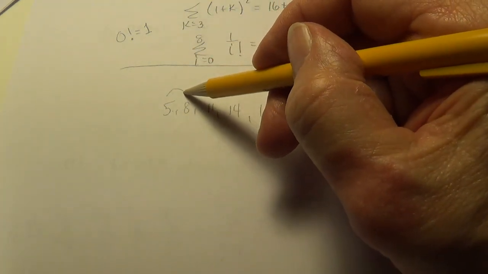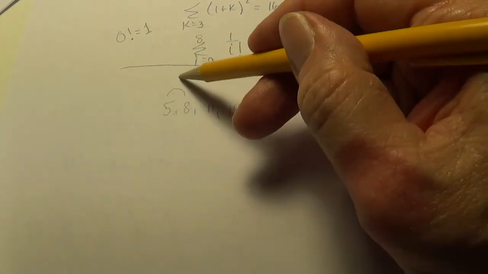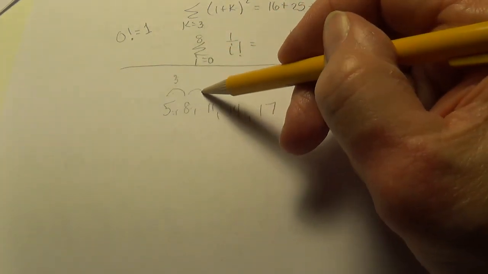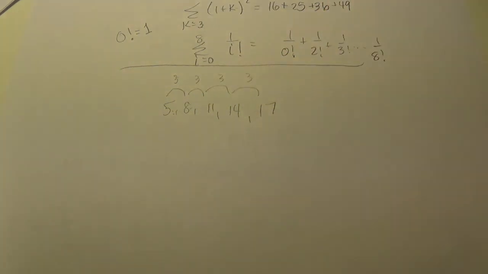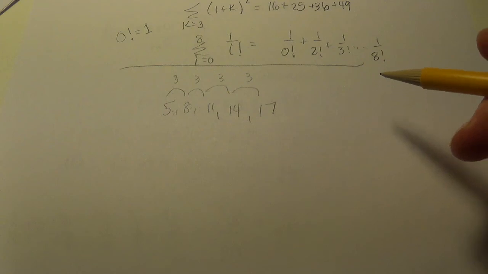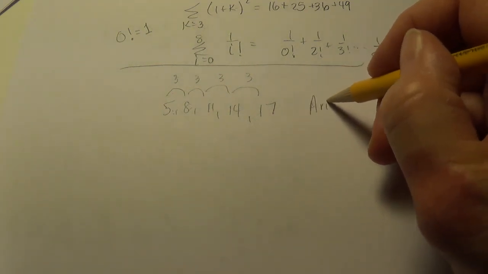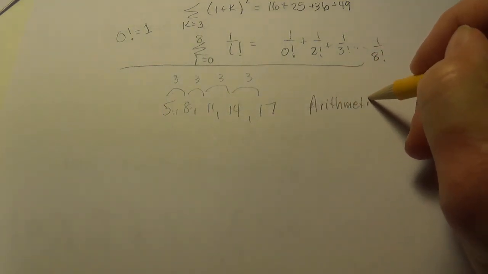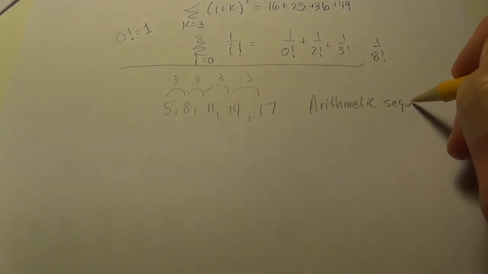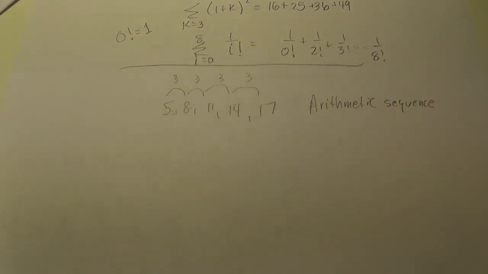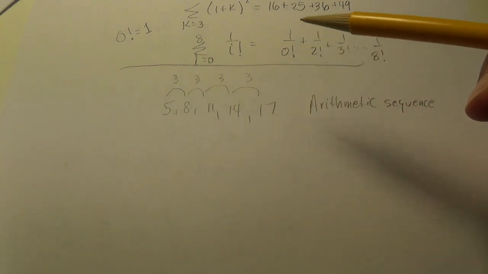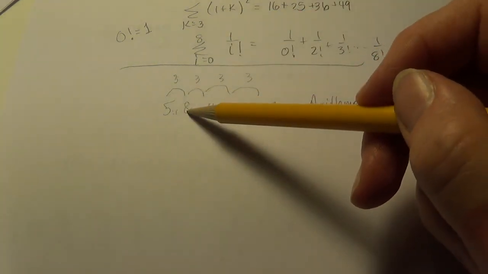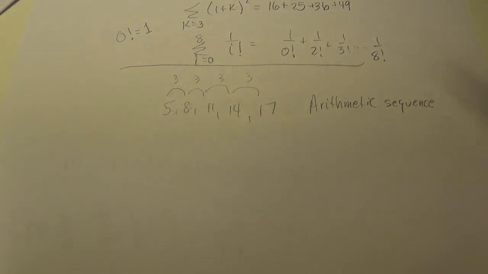So if I add something to get from here to here, and I add the same thing to get all the way through, not all sequences work like this, but when they do, they are special, and they're called an arithmetic sequence. Looks like arithmetic, but as an adjective, it's arithmetic. So the arithmetic sequence has this characteristic. One number is added to get the next, the same number is added to get the next, and so on.